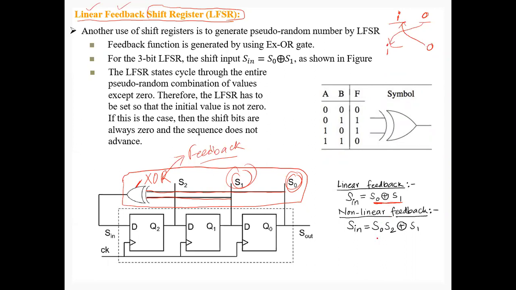If you generate the feedback like this, then that would be non-linear. What is the difference between these two? You have the non-linear term here, right? This is just like x plus y. This is like x squared plus y, which is not linear.